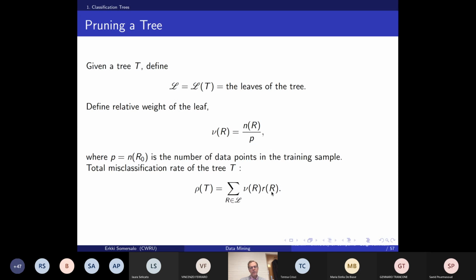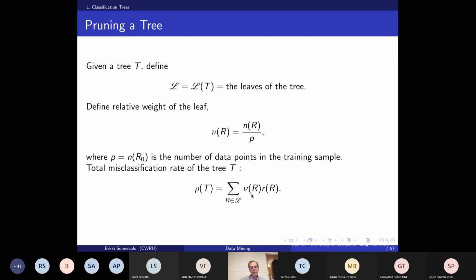Again, you can interpret this in terms of probabilities if you want. So you can say that this nu is the probability of ending in a given leaf, and then R is the probability of being misclassified, given that you have ended in that leaf. So somehow this rho here is measuring the total probability of classifying incorrectly a point in the training set.